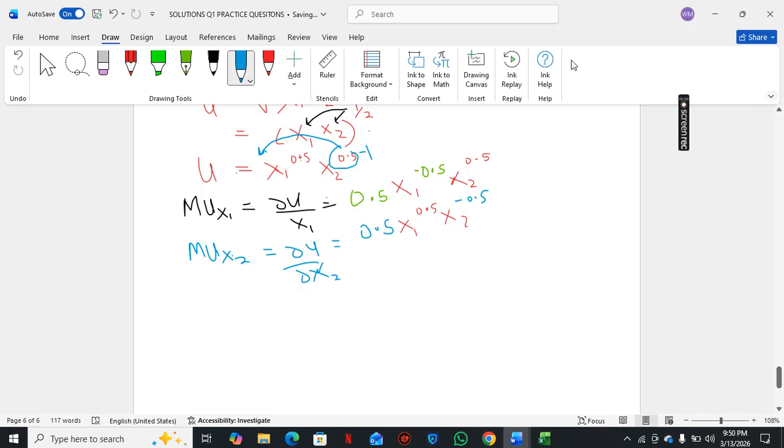So as we said, the marginal rate of substitution, MRS, equals MU x1 divided by MU x2.